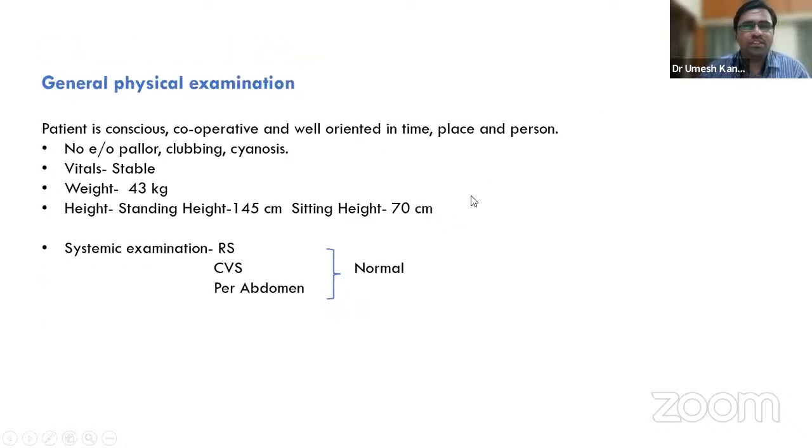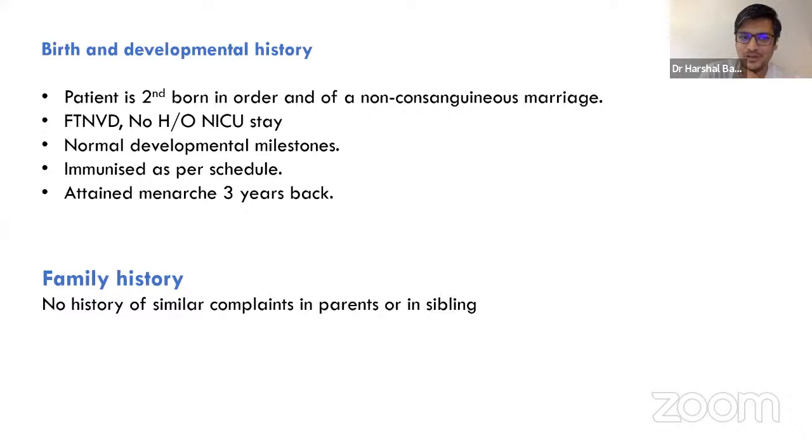Coming to general physical examination. No, stop. Come back to your history again. So again, what is the importance of developmental milestones? Why did you ask it? So delayed developmental milestones. I wanted to rule out other causes of scoliosis that have delayed developmental milestones.